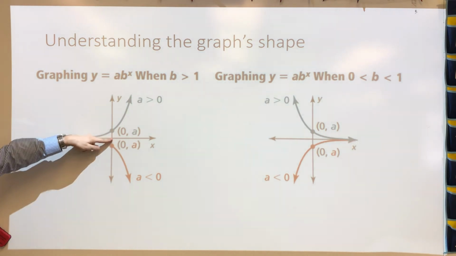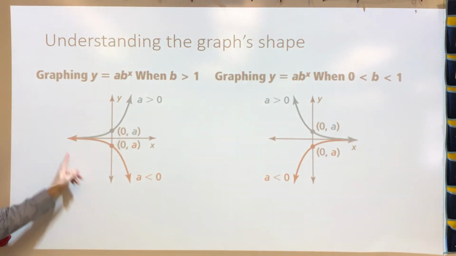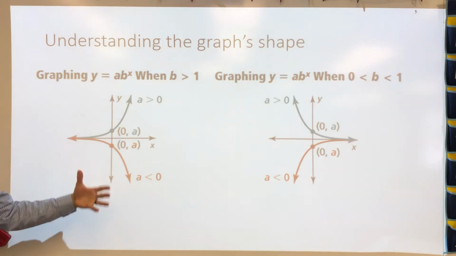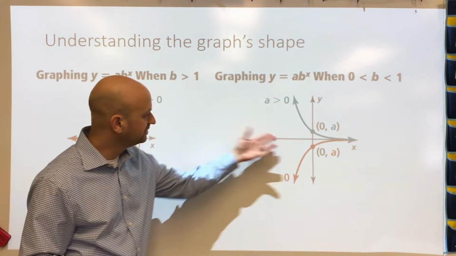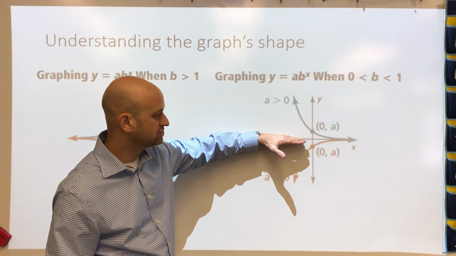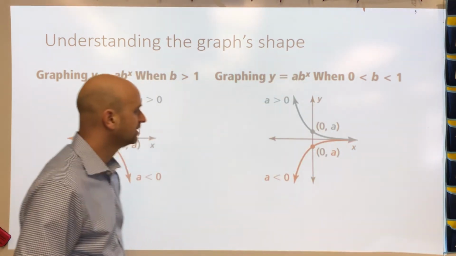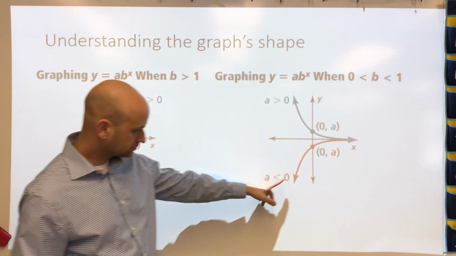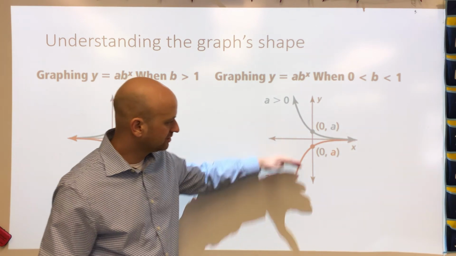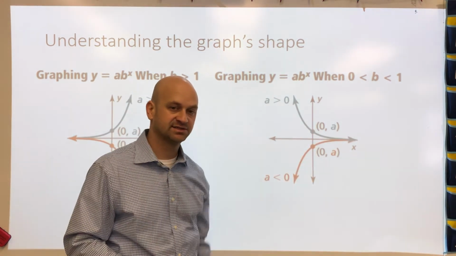So if this is y equals 0, because it is, any value less than that is going to be our graph, our range, okay? All right, now over here, our domain would be all real numbers again, and our range would be y is greater than 0, okay? And then for this one here, our domain is all real numbers, and our range will be y is less than 0.